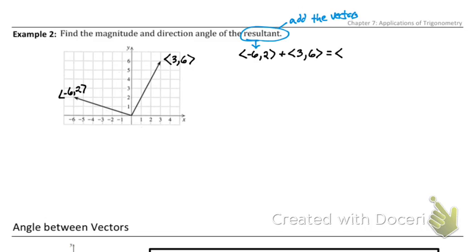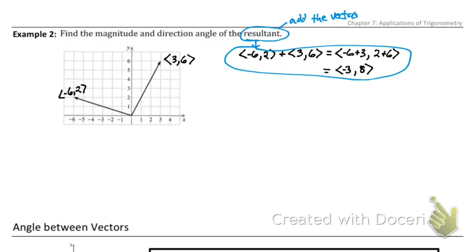Well, that's just going to equal negative 6 plus 3, comma 2 plus 6. So my resultant is in fact negative 3, 8. So that is in fact my resultant.